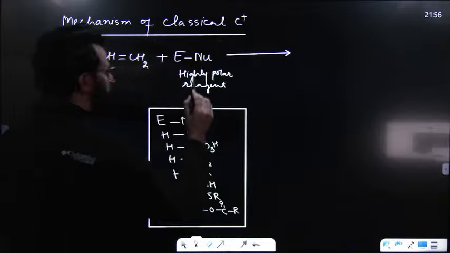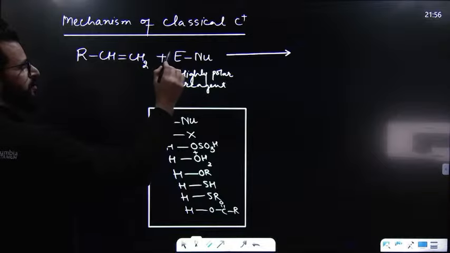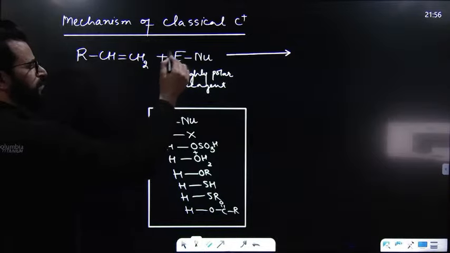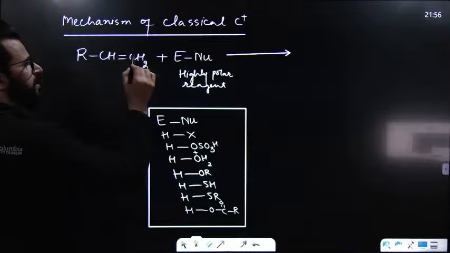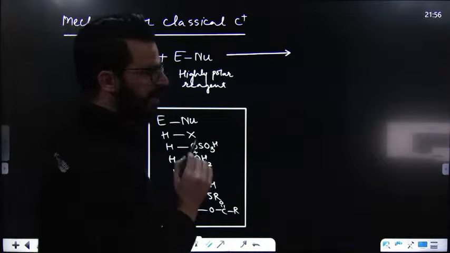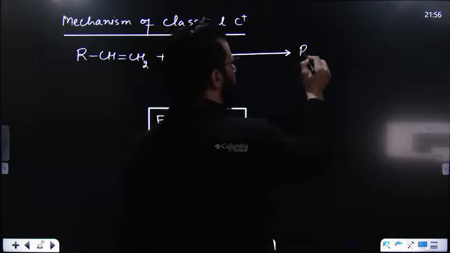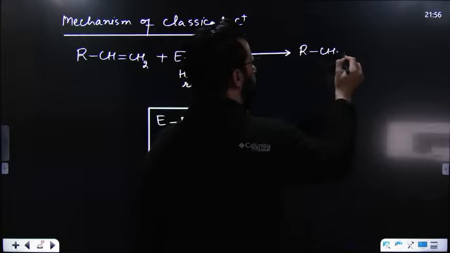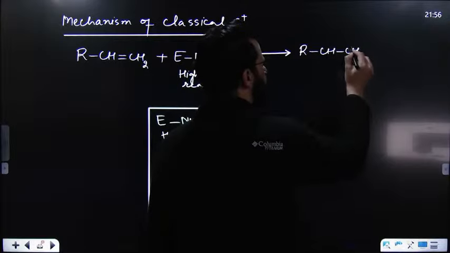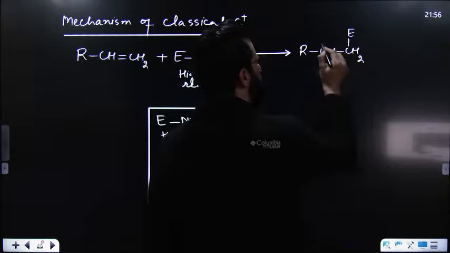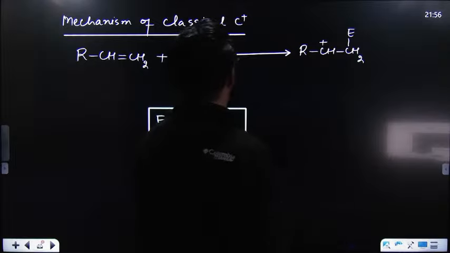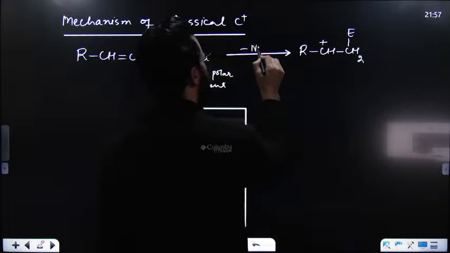In presence of this reagent, remember, this electrophilic part will be attached to either this carbon or to this carbon. I mean to say, if the electrophilic part is attached to this carbon, here it will be a carbocation and the nucleophile will be lost over here.